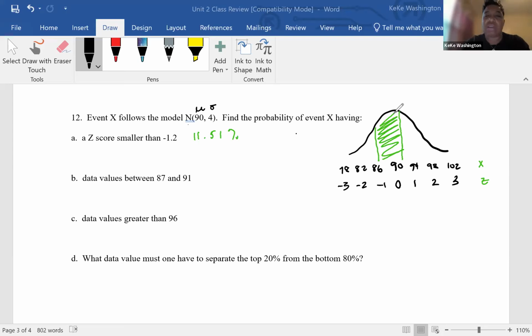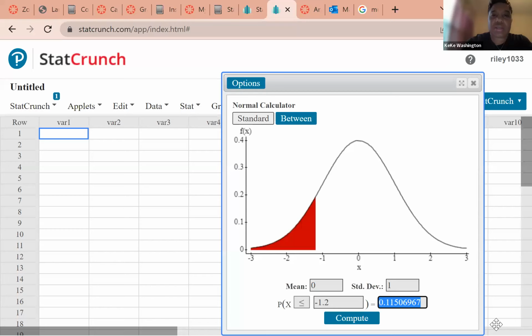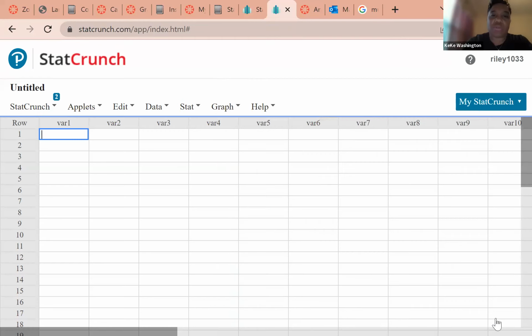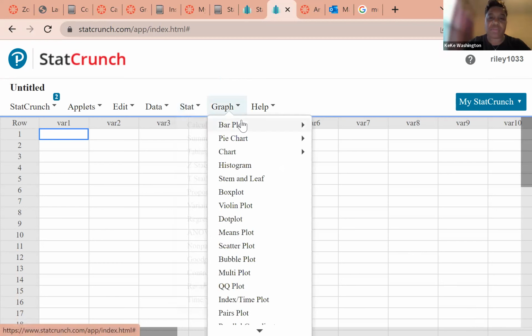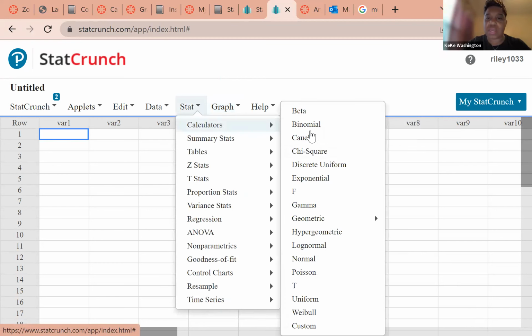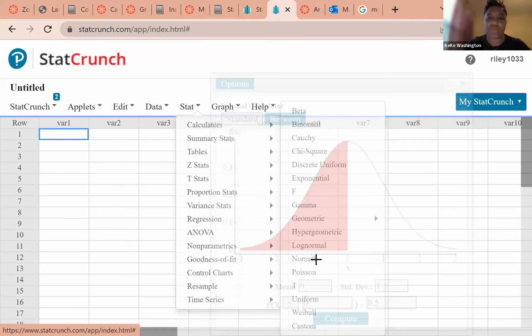So let's take a look at how to answer this problem. Okay, so once again, we're switching over to StatCrunch. You're going to work this in the same function as we just did. I'll go over those steps again: Stat, Calculators, and then Normal.